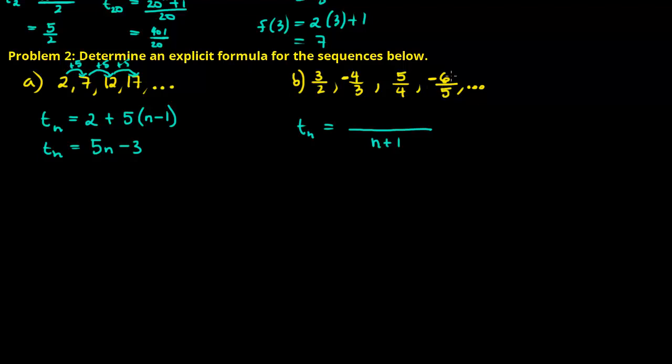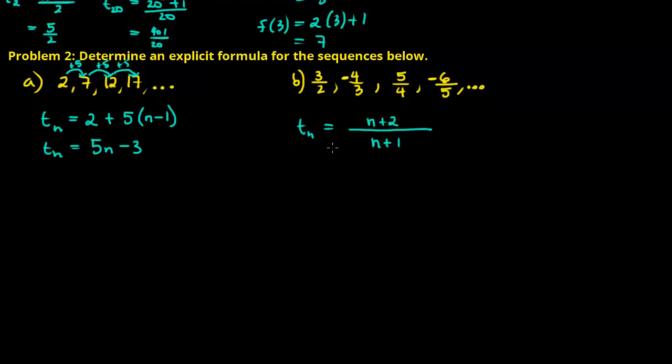The numerator is a little bit trickier, but let's just compute the magnitude first. So in the numerator, we've got first 3, then 4, 5, 6, if we only look at the magnitude of the numerator. So notice that the magnitude of the numerator increases by 1 each time, and it's always 2 greater than the term number. So it's just going to be n plus 2.